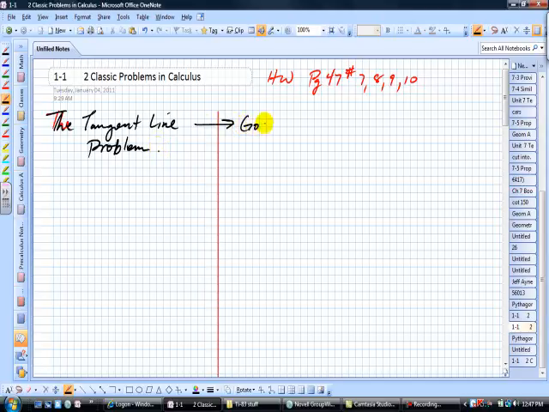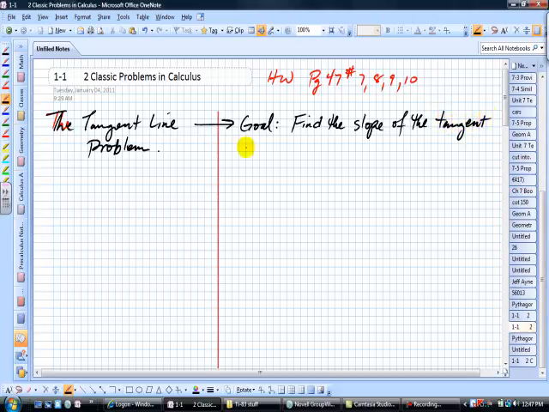Our goal in this case is to find the slope, and later on the equation, of the tangent line at any point P. And we'll call that point P, but P can be anywhere, given some function f of x.